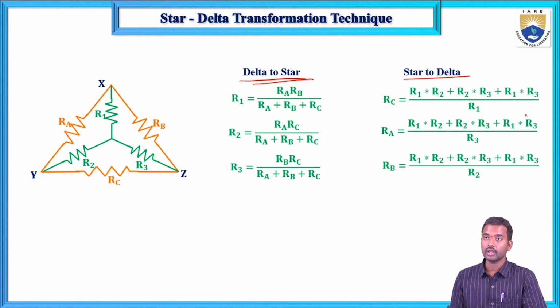Now here you can rewrite these equations. RC equals R2 plus R3 plus R2 R3 divided by R1.